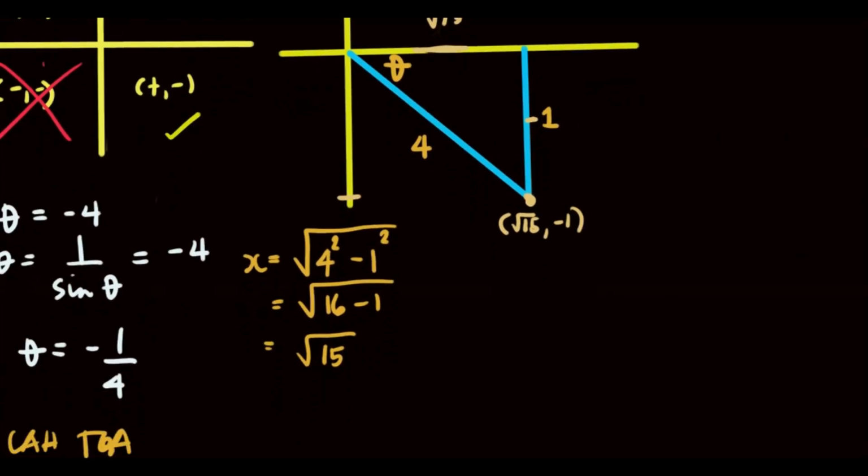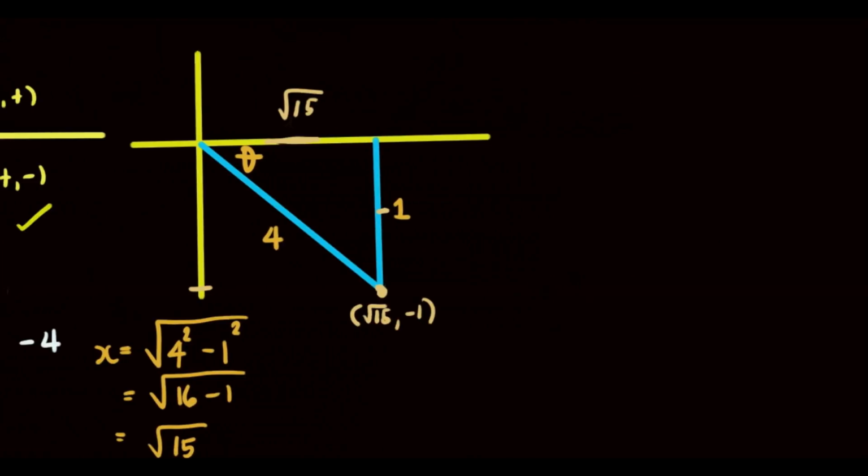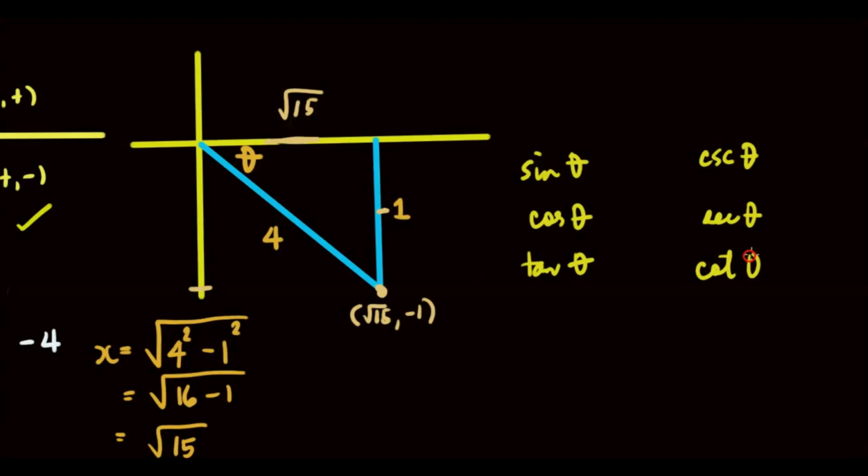Okay. Now, let's determine the other trig functions of theta. Let's write it over here. So, let's have sine theta, cosine theta, tangent theta, so the reciprocal, para hindi tayo malito: cosecant theta, secant theta, and cotangent theta.